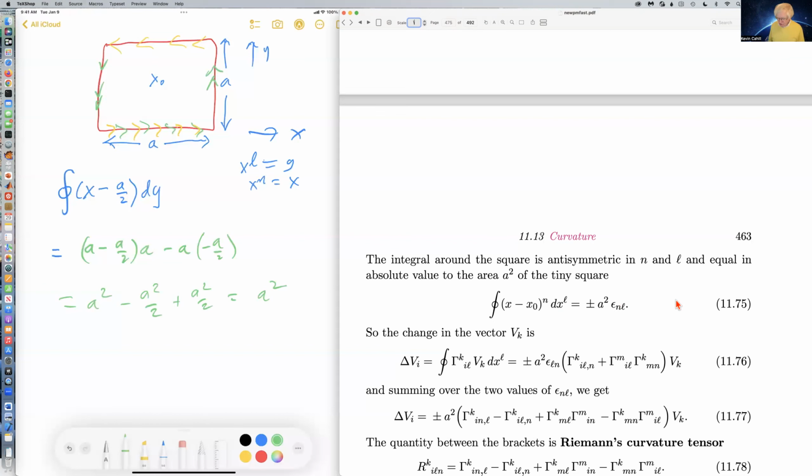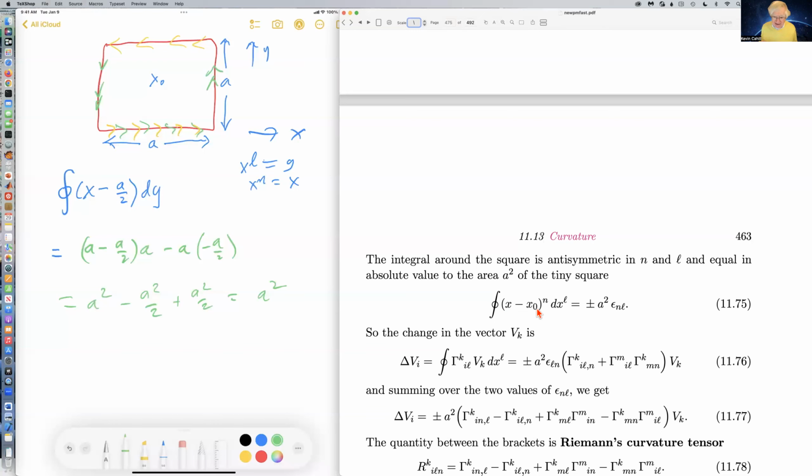You see, it's actually very simple, but it's confusing because, first of all, it's a line integral, and it's not the kind of line integral that we see in electrostatics when we integrate E dot dx. Here, we're not really integrating a dot product.